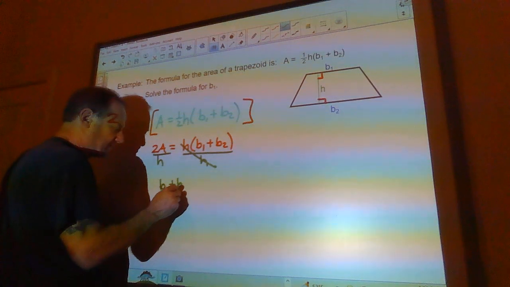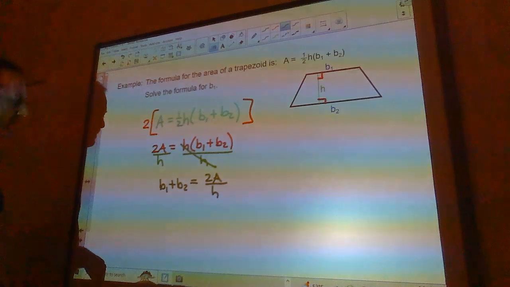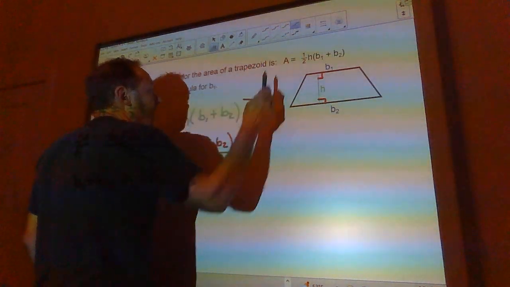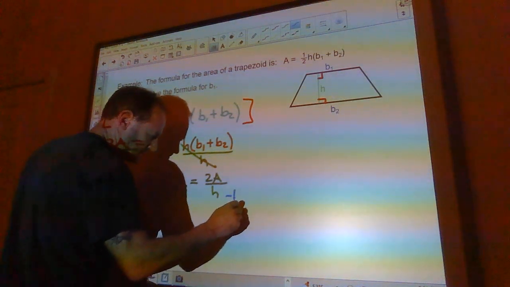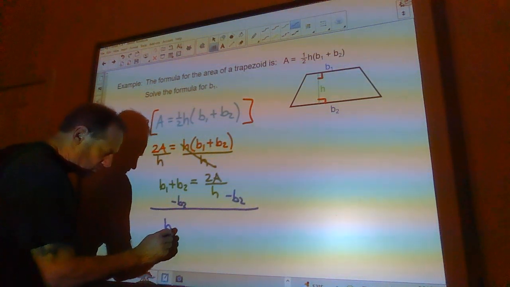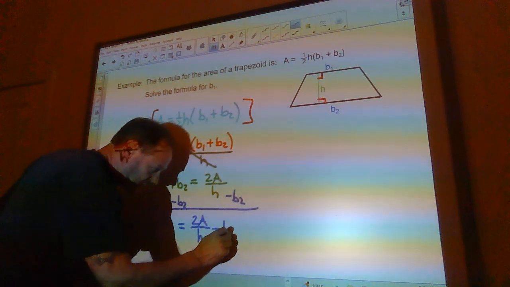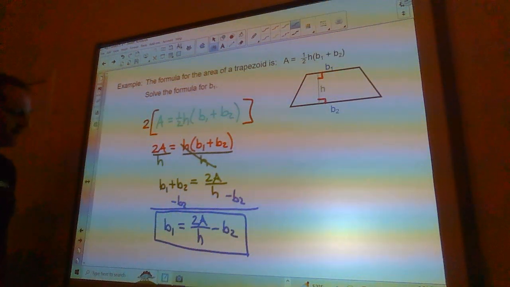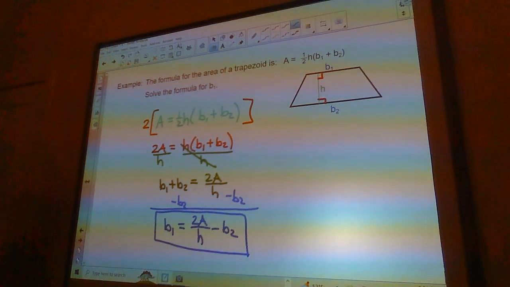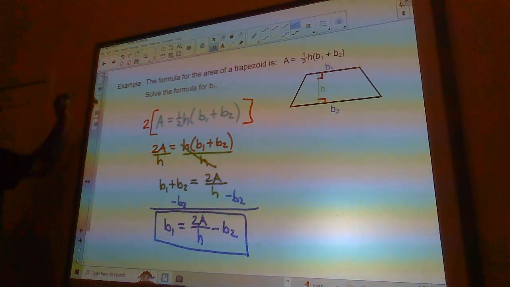So B1 plus B2 equals 2A over H. And now we're just going to subtract B2 from both sides. And we're going to get B1 is 2A over H minus B2. And there you go. So it's just manipulating these things, changing them around. This is the same equation as that is, it's just solved for a different variable.